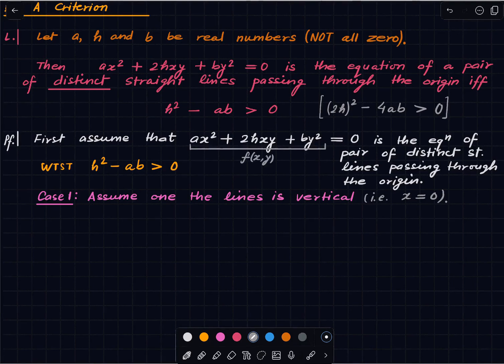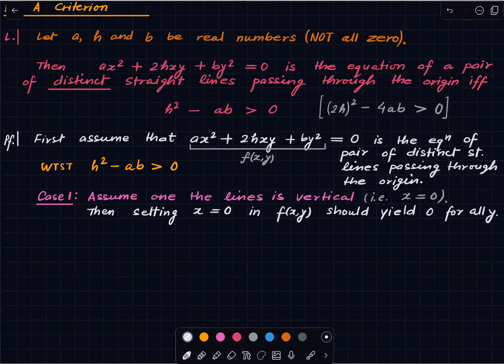Okay, so therefore, since one of the lines is x equals 0, we have, setting x equals 0 in this expression should give us something that is identically 0, should yield 0 for all y.